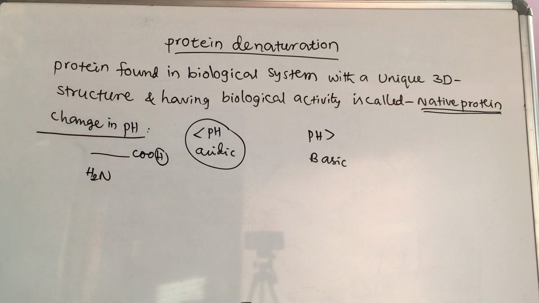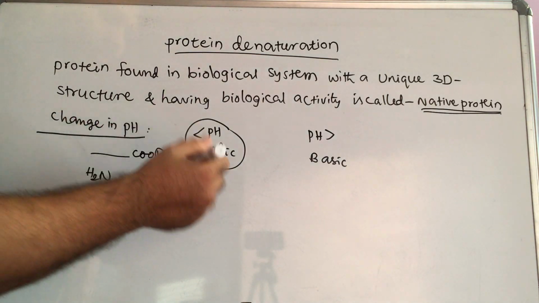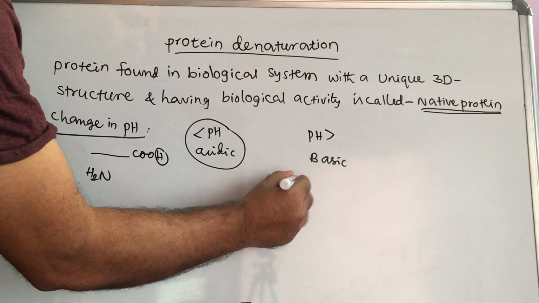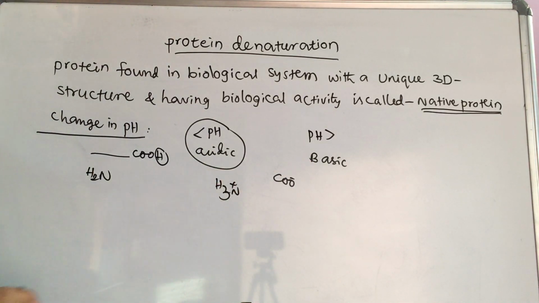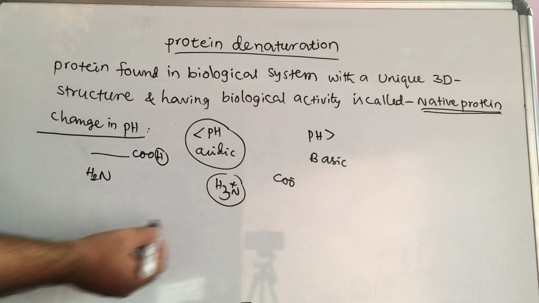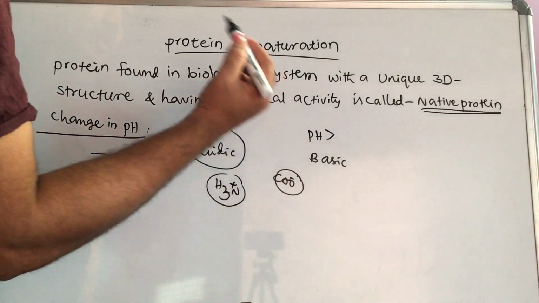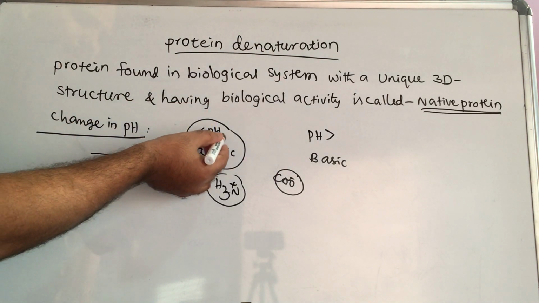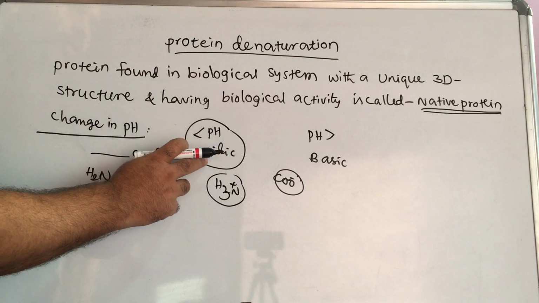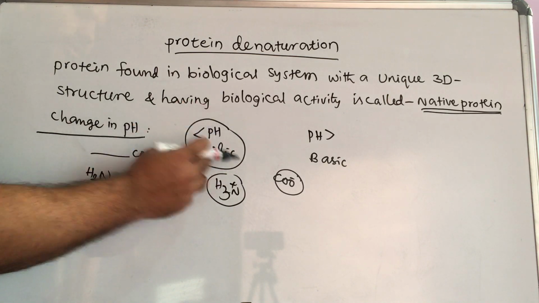So they may lose or gain protons, or they may lose their charges. For example, it may exist in the zwitterion form, COO minus and NH3 plus. So in acidic medium it exists with a positive charge and in basic medium with a negative charge. Decreasing the pH means an acidic medium.